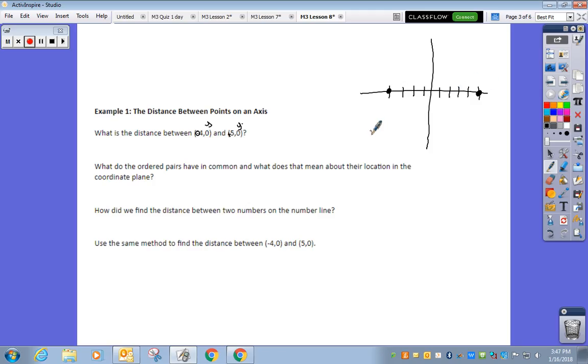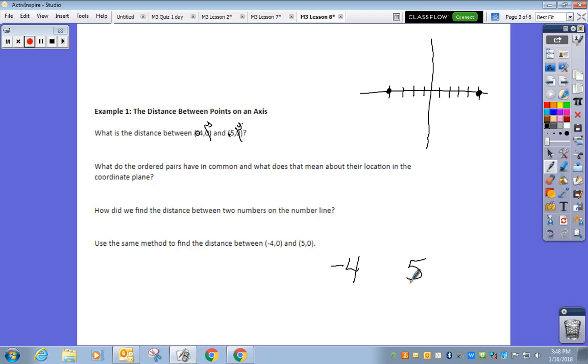So what I look at is I find the one that they have in common. So the y coordinate is the same, and I cross it off. I'm not looking at the one they have in common. So then I look at the other two. I have a -4 and a +5.